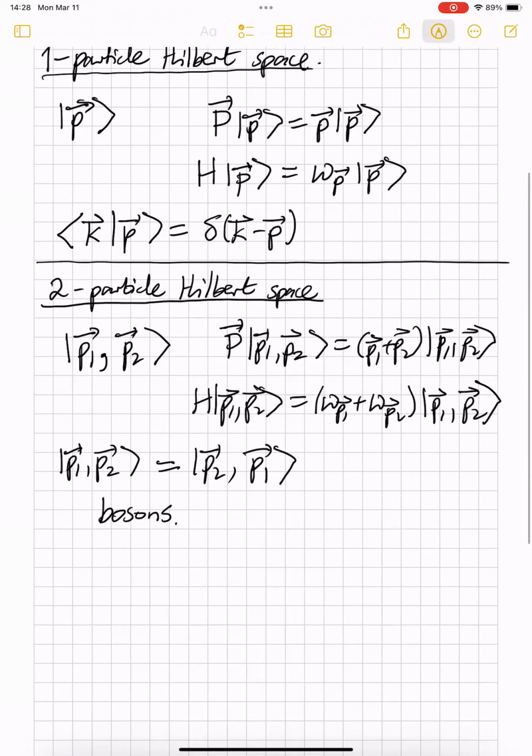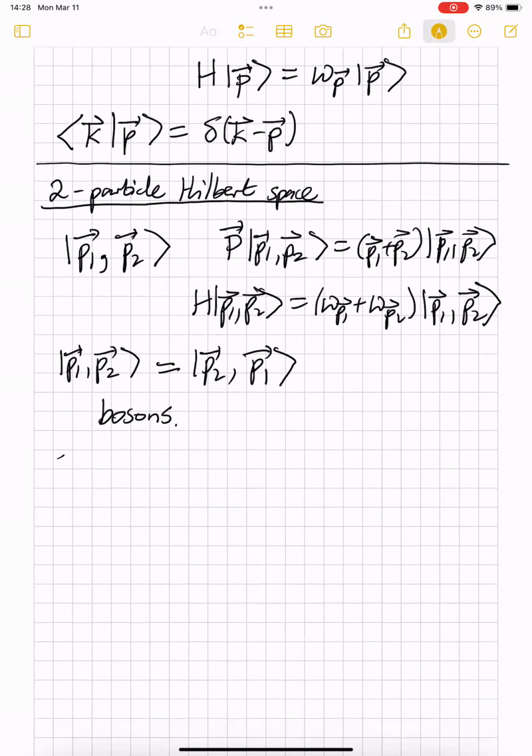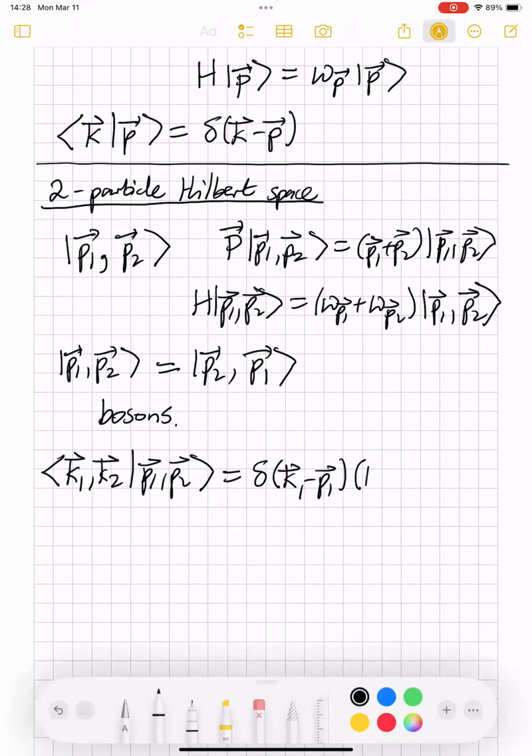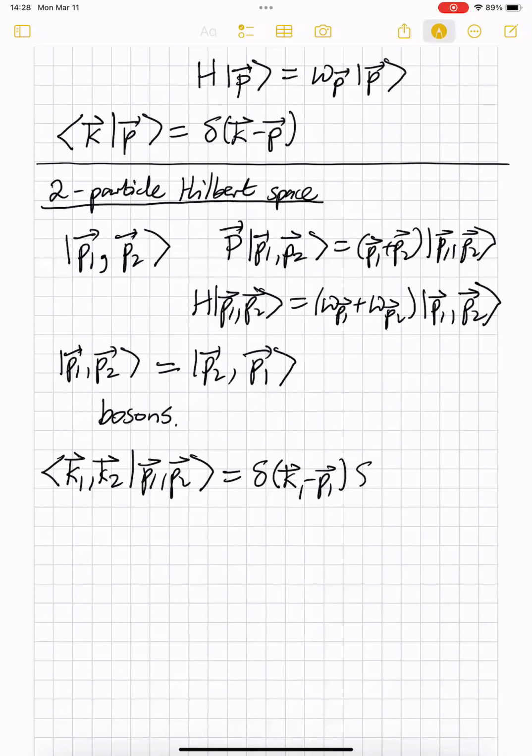And now finally, I should tell you what is the inner product. So if we've got K1, K2, that's the bra state, and P1, P2, that's the ket state, well, you might naturally think that I should have one delta function, K1 minus P1, a second delta function, delta of K2 minus P2. Now, this can't possibly be correct.